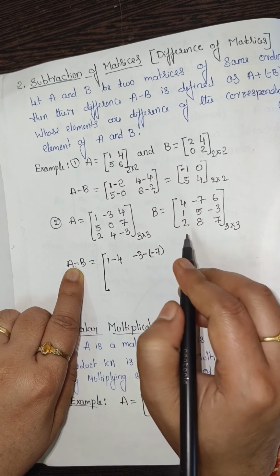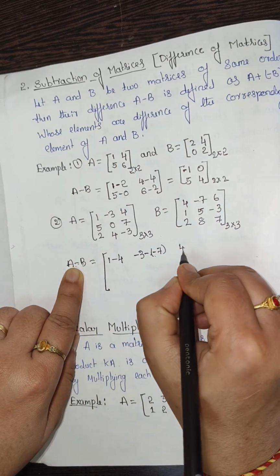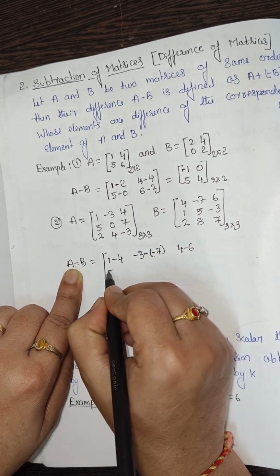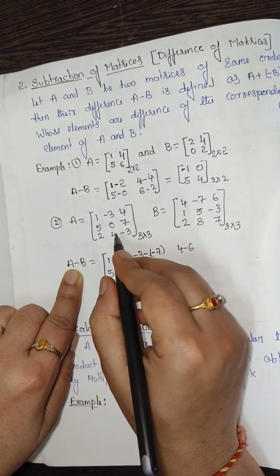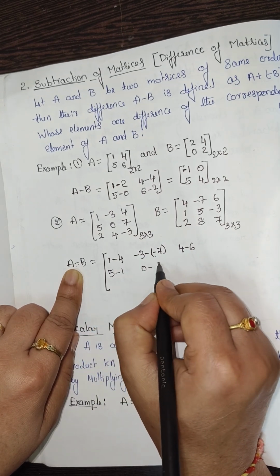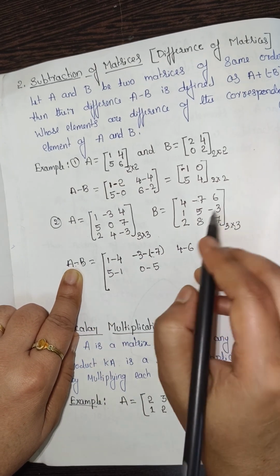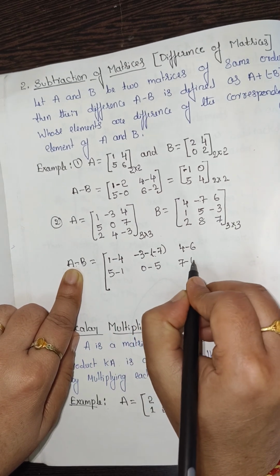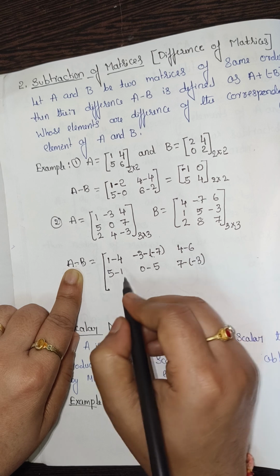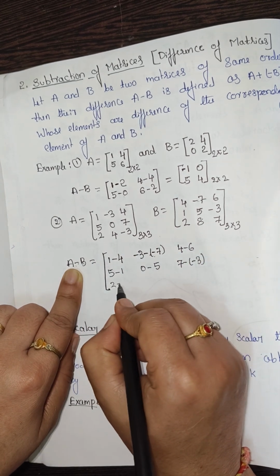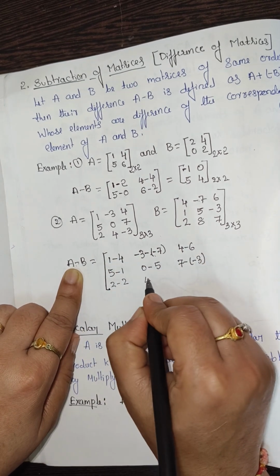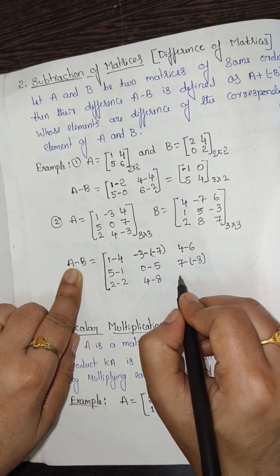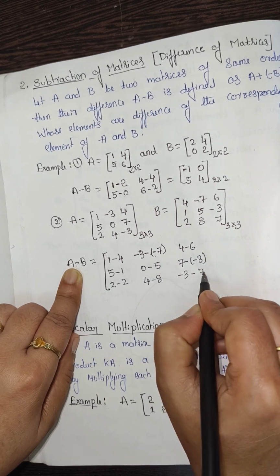Otherwise you take a bracket. 4 minus 6, 5 minus 1, 0 minus 5, again it's minus 3, 7 minus of minus 3. Okay. 2 minus 2, 4 minus 8, minus 3, minus 7.